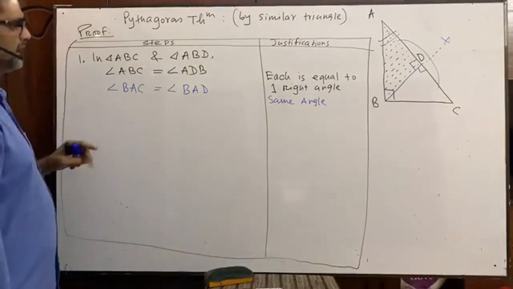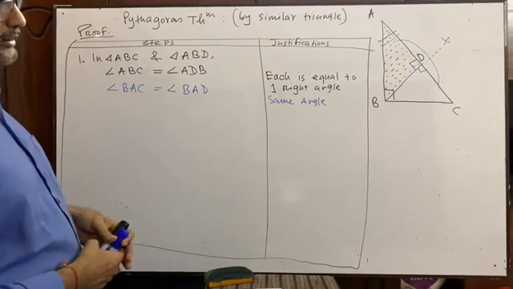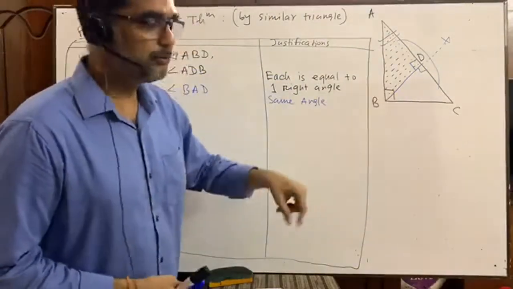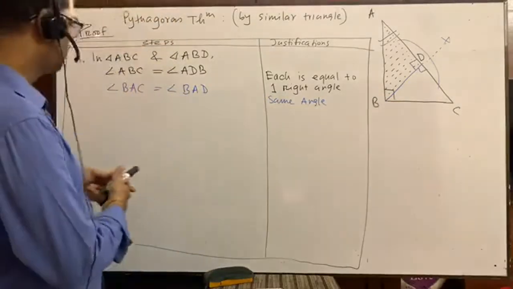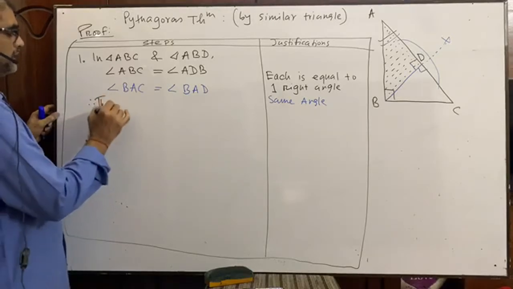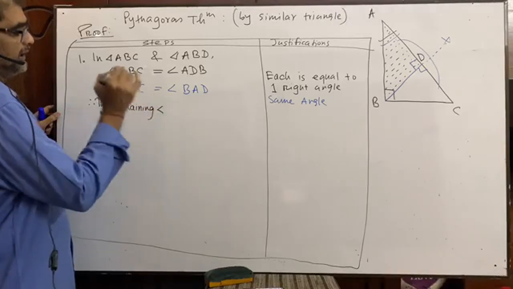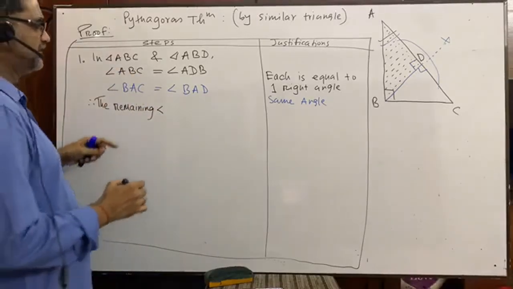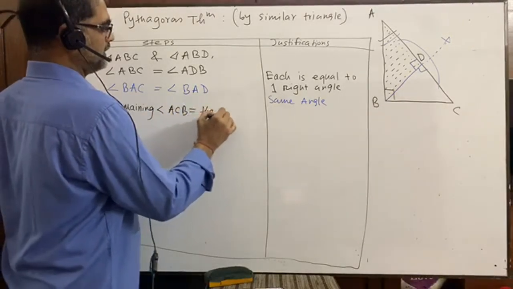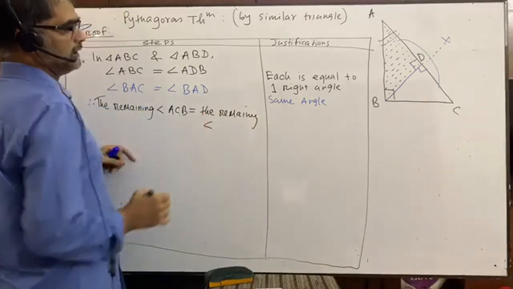Now you please come to the point. Can you tell me in triangle ABC which angle is still not considered? I have considered angle B, but angle C is not taken yet. So I can write, therefore, the remaining angle, angle ACB, is equal to the remaining angle in triangle ABD.